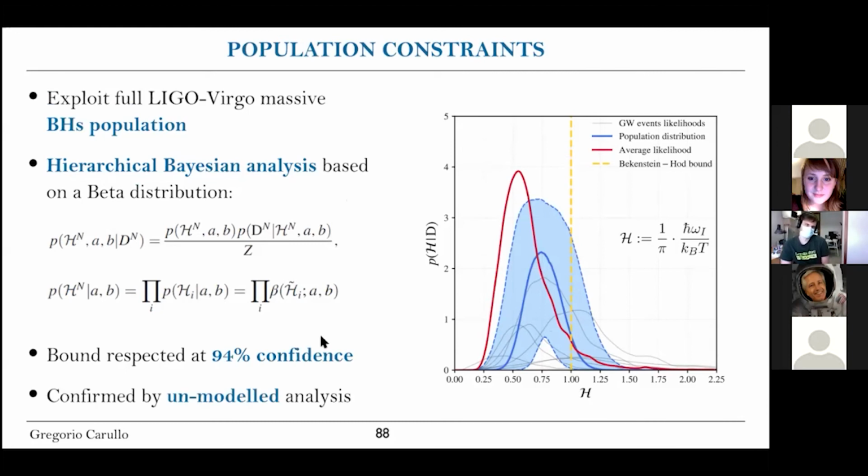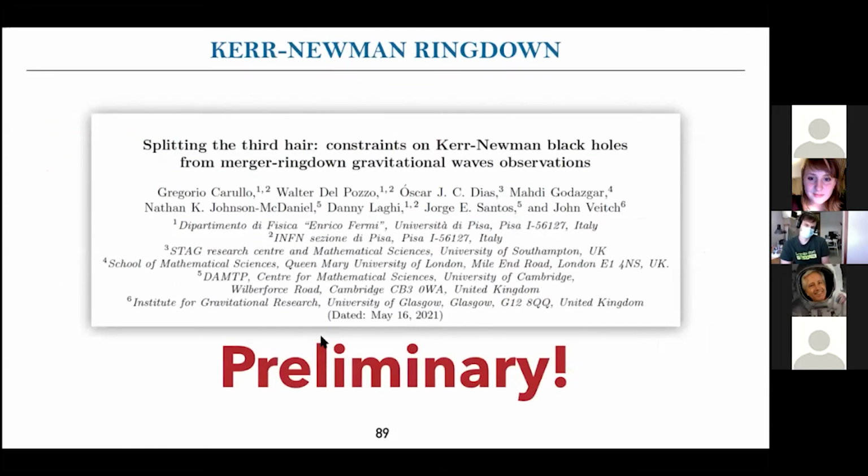Okay. And finally, in the last few minutes I wanted to show some preliminary results we got with some collaborators from England, Oscar Dias, Gaurav Khanna, Josh McDaniel, and Jorge Santos, together with our usual crew, which is me, my supervisor, another PhD, and John. This is trying to answer the following question.